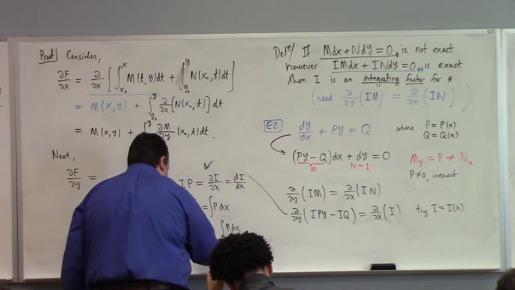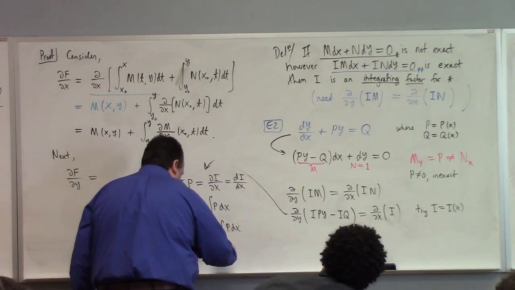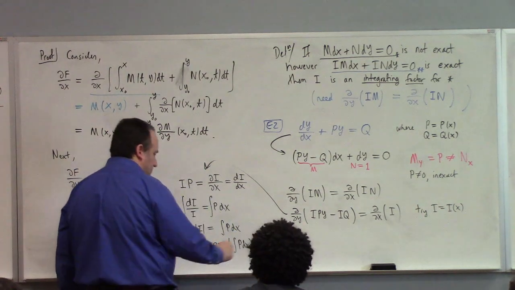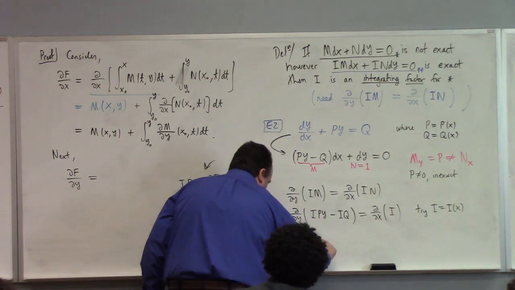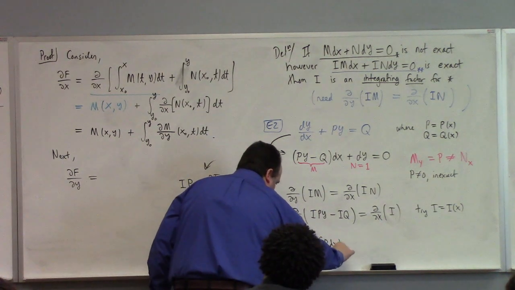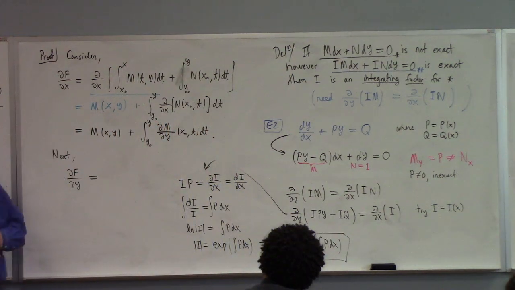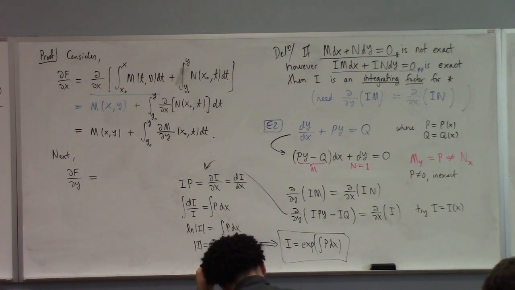And that gives us that the absolute value of I is equal to the exponential of the integral of p dx. Lo and behold, this suggests that we should choose I as the exponential of the integral of p dx, which, good news, we were already doing. This is the integrating factor of the integrating factor method.